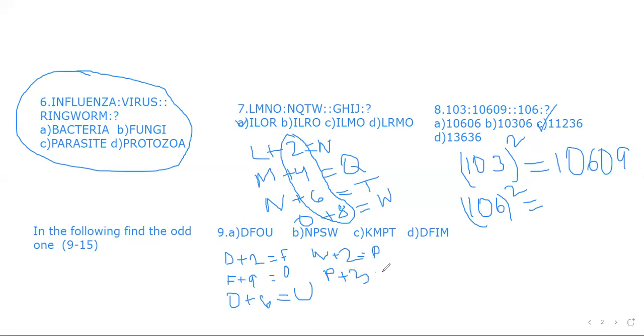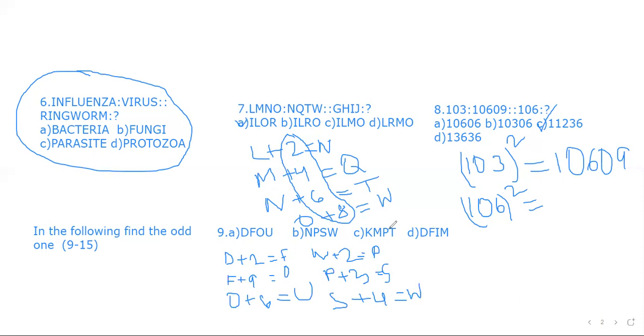I reach S. Now S to W, S plus how much? T, U, V, W means plus 4. I am reaching W. So similarly, you see here it is plus 2, plus 3, plus 4. But here plus 2, plus 9, plus 6.